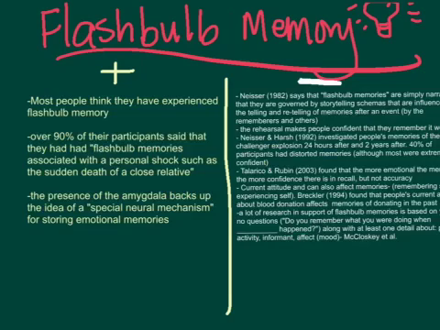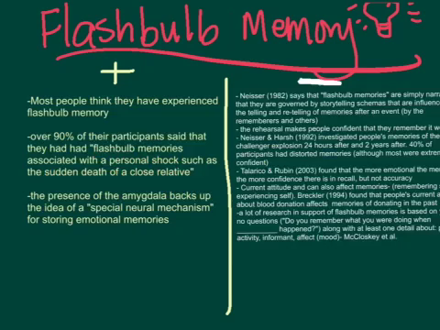When Brown and Kulik did their studies, they found in one study that over 90% of their participants said that they had flashbulb memories associated with a personal shock, such as the sudden death of a close relative. So Brown and Kulik did a lot of research with historical events like the assassination of JFK, Martin Luther King, or Robert Kennedy.